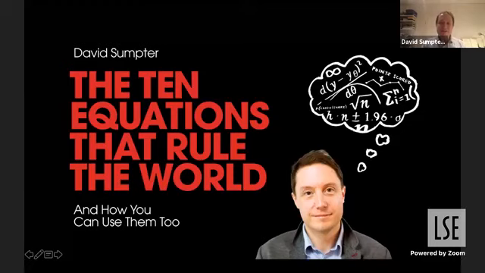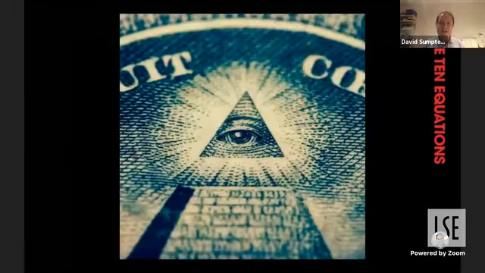But I'm going to start with the following picture. This one here. Now, this is the symbol for Illuminati, which is well known to younger people now because it's a popular meme when you say "Illuminati confirmed."